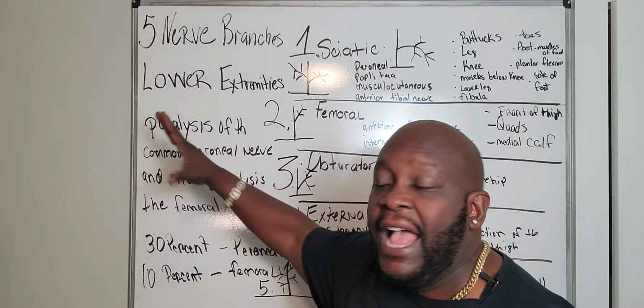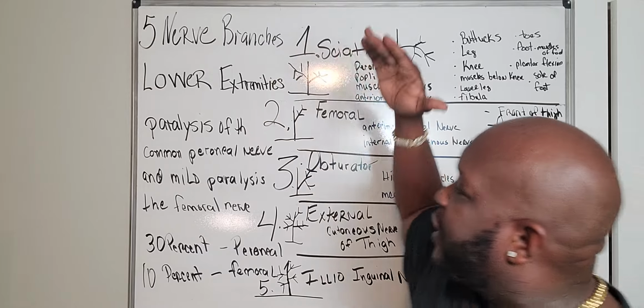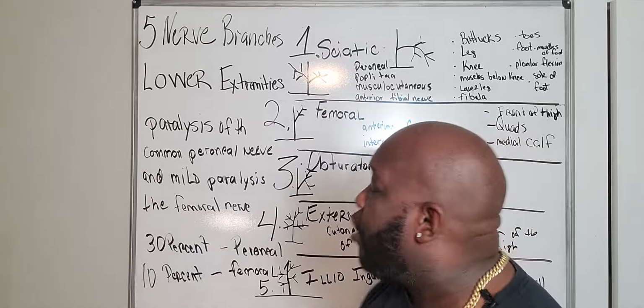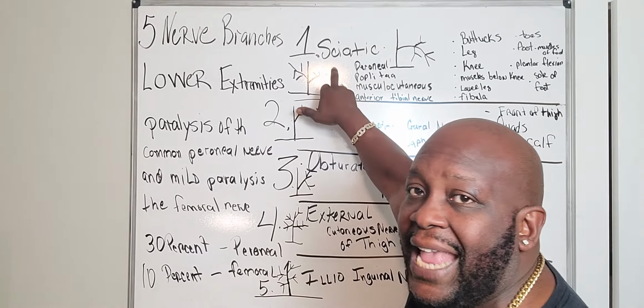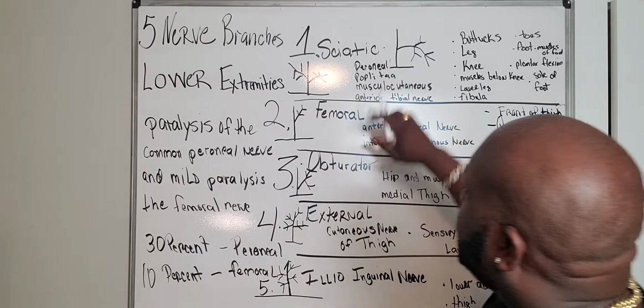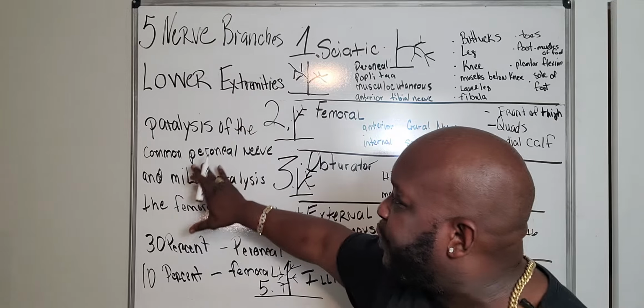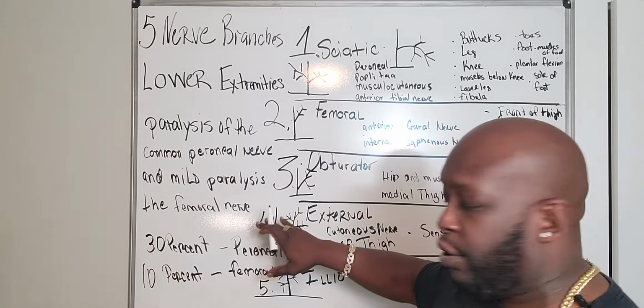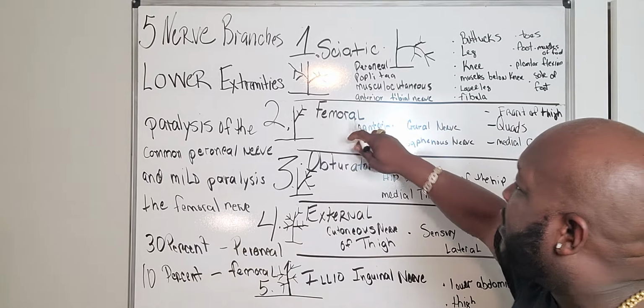A veteran has a paralysis of the common peroneal nerve. The peroneal nerve is inside of the sciatic nerve. So the veteran still has a mild paralysis in the femoral nerve. So that's another nerve.